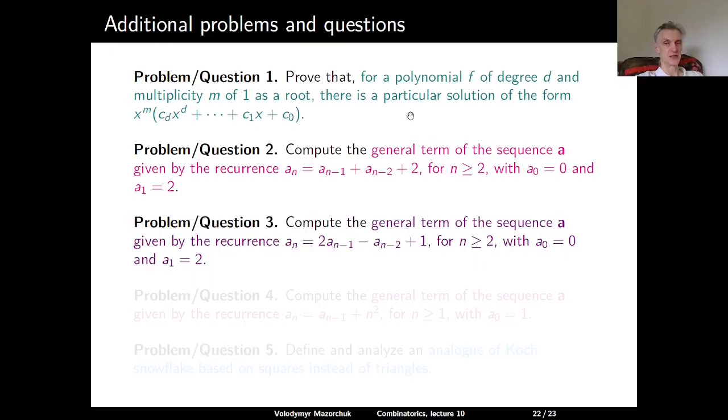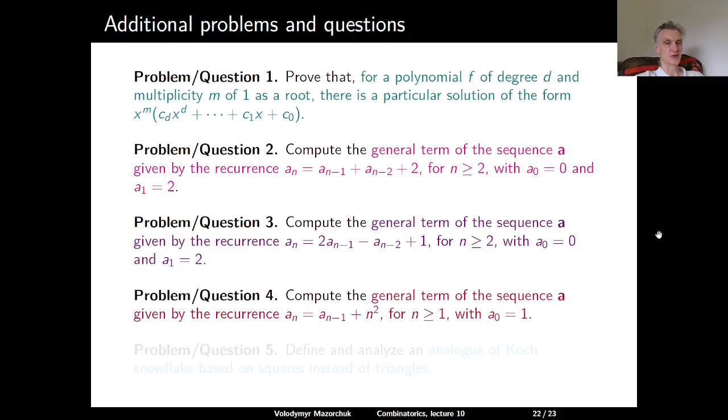Compute the general term of the sequence a given by the recurrence a_n is equal to 2 a_{n-1} minus a_{n-2} plus 1 for n greater than or equal to 2, with a_0 being 0 and a_1 being 2. Problem question 4. Compute the general term of the sequence a given by the recurrence a_n is equal to a_{n-1} plus n squared for n greater than or equal to 1, with a_0 being 1.